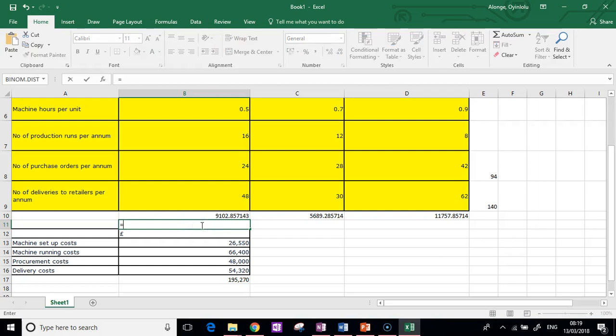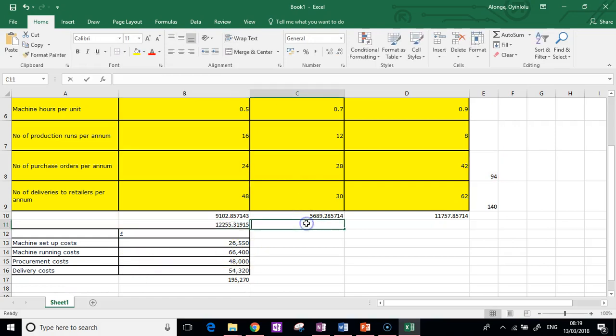I will say this must be this divided by the total, times the procurement costs, which is that. Then I have this divided by the total again, times procurement costs, 48,000. Good.